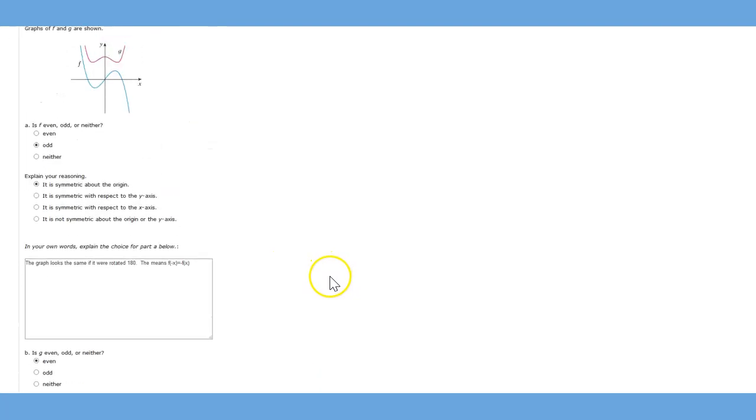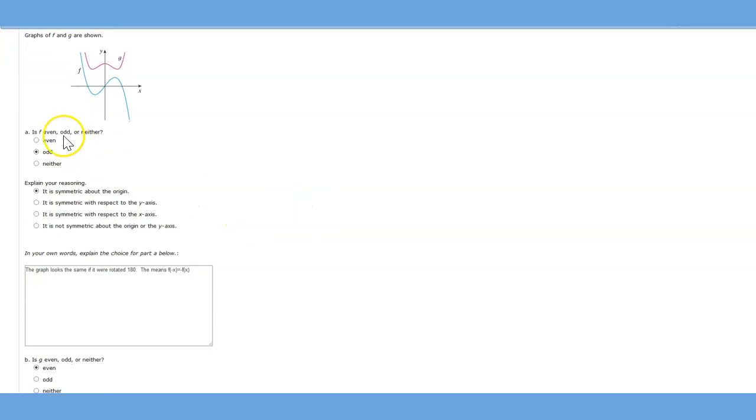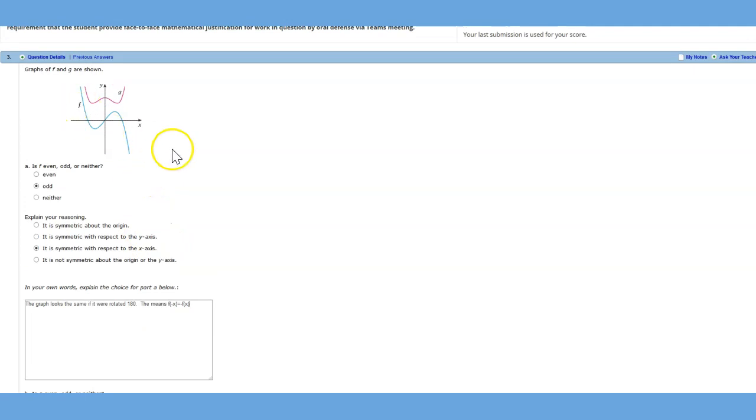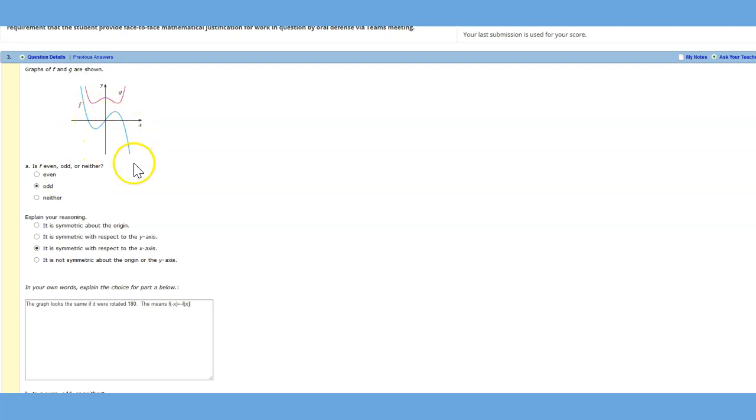And then here's an example of a multi-part question where they're both multiple choice. The explain your reasoning is a multiple choice option here, but then I also would like you to go farther. So let's look at this question. We have two graphs. This blue one's a graph of f. Is f even, odd, or neither? And f is odd because it's symmetric with respect to the origin.